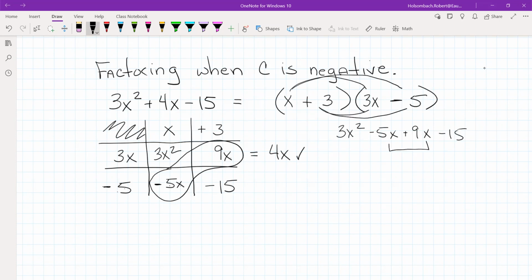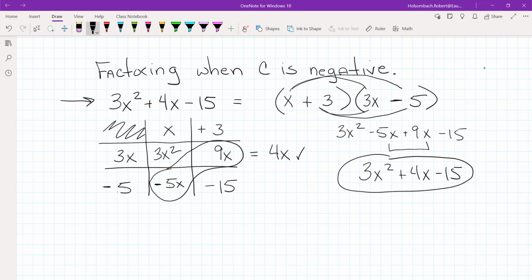And when you combine your like terms in the middle, you get a 3x squared plus a 4x minus 15. Your product at the end needs to be the same as the problem that you started with. That's your way of double checking your factors. The product of your two factors needs to be the same as the problem that you started with.